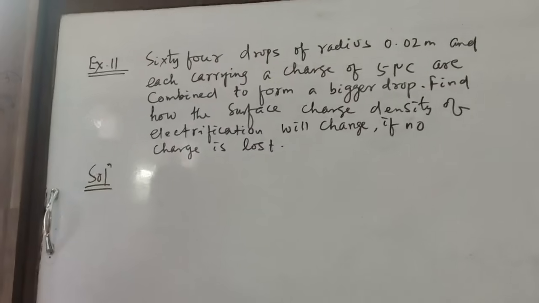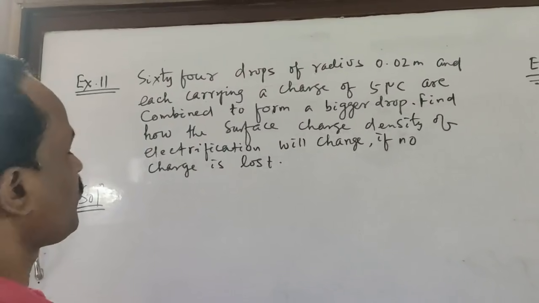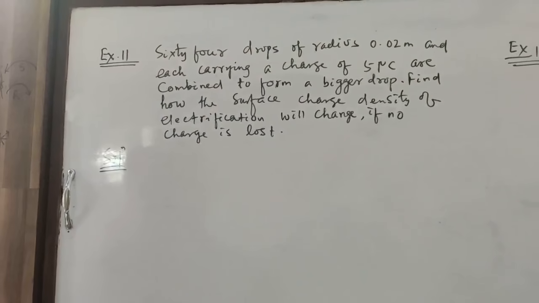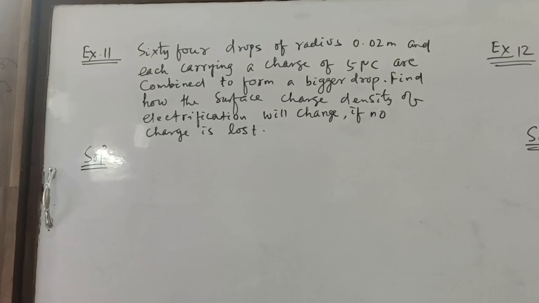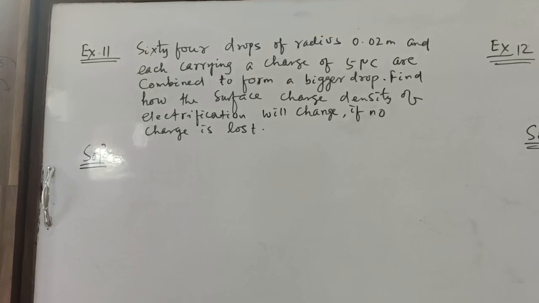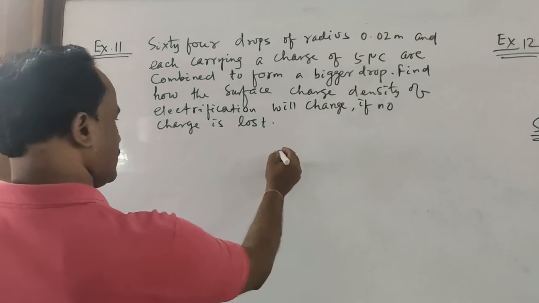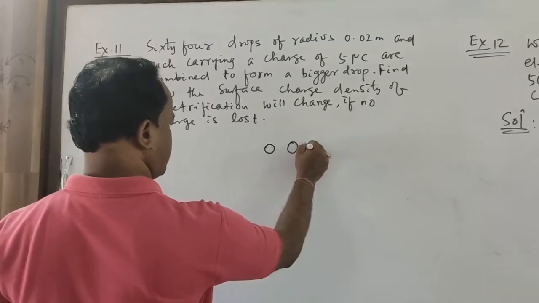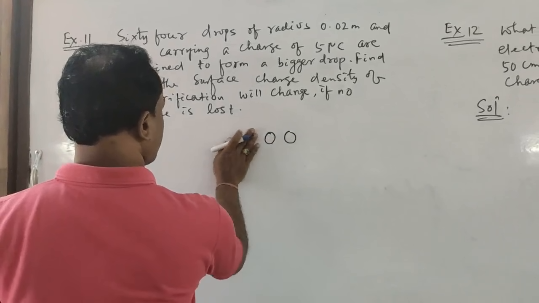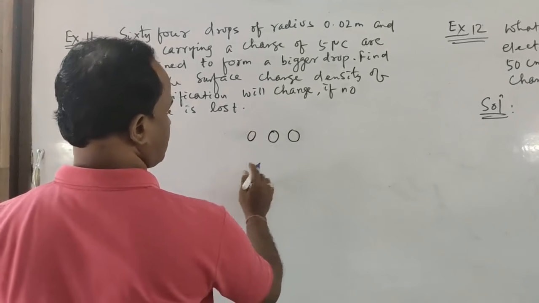Another question. 64 drops of radius 0.02 meter, each carrying a charge of 5 microcoulomb, are combined to form a bigger drop. Suppose these are small identical drops.